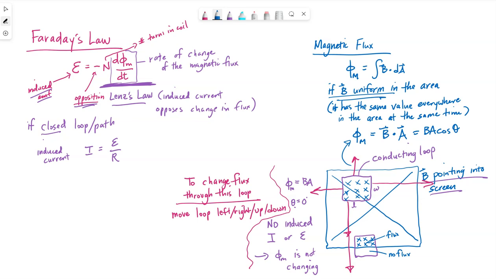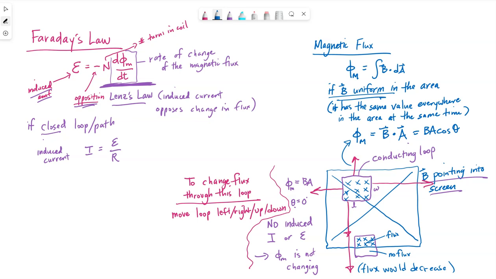So in this case, if I pulled the loop downwards out of this region, the flux would decrease. Now, it would only decrease during the time it takes to pull the loop out of the field, but that's okay. During that portion of time where I am pulling it out of the field would be some induced voltage and induced current. So that is one way that we could change flux so that we are inducing a current.